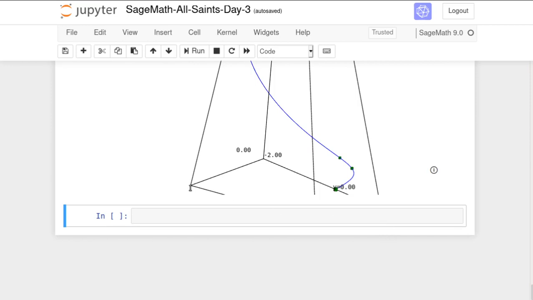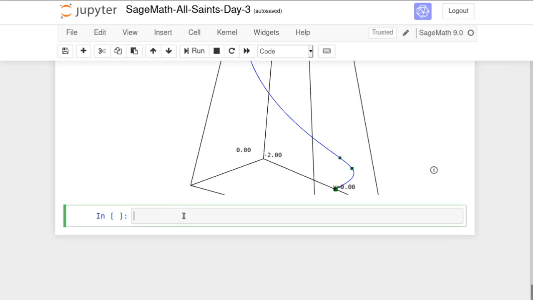Now, going further, suppose that we want to find the normal vector. We know how to find that. We need the unit tangent vector, not just the tangent vector. The unit tangent vector is the derivative of the vector valued function divided by its norm.